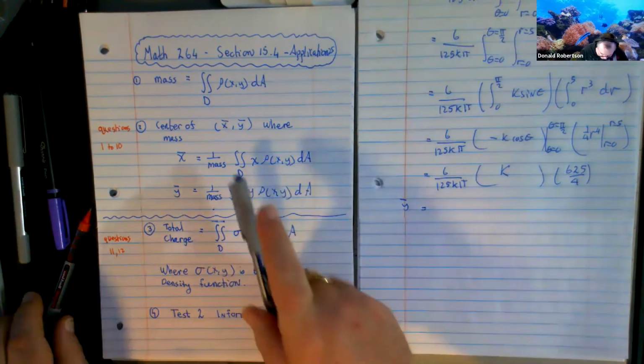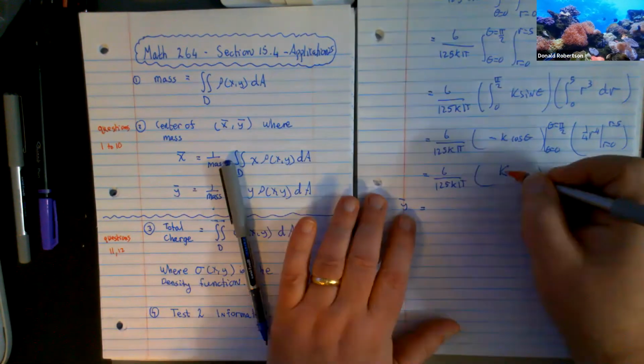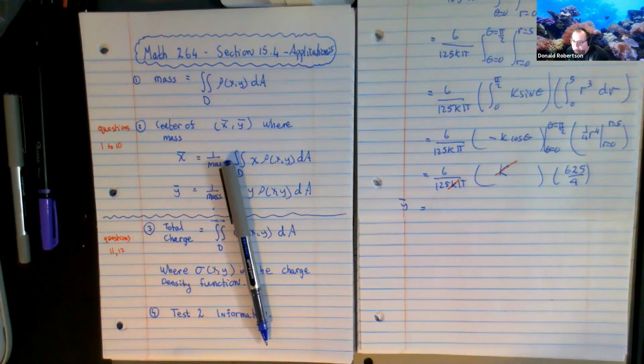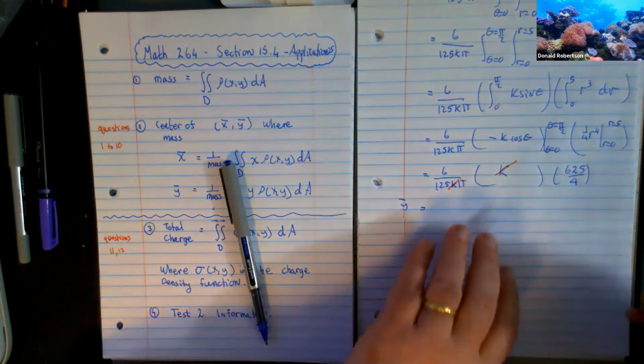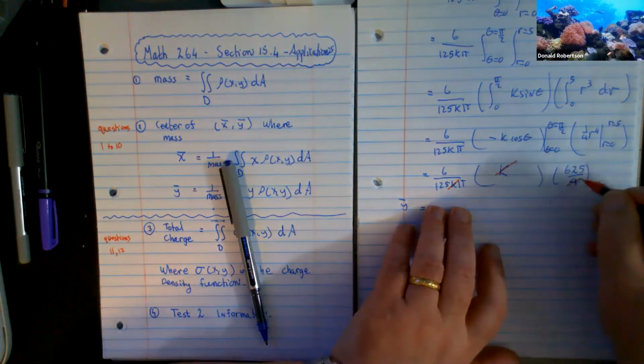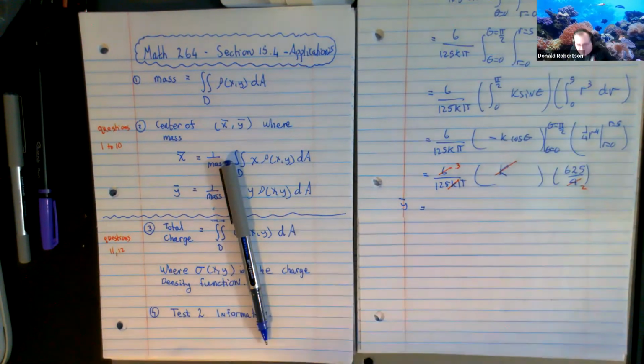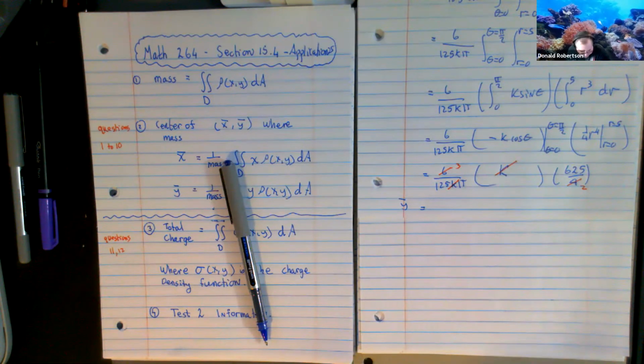Let's see if we can make this pretty. That K gets killed off. There's no more Ks. 4 and that guy. Does 125 and 625 cancel? Sure do. What's the best you can do with a 125 and a 625? 5.